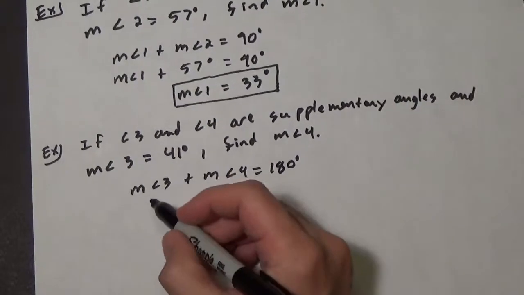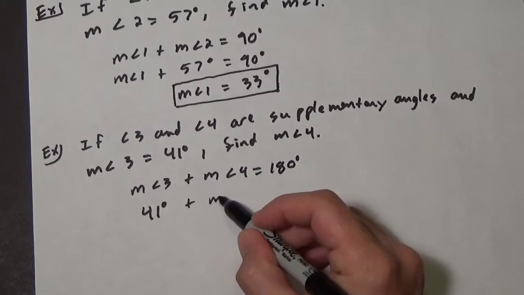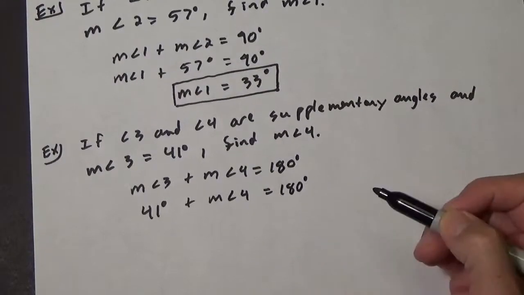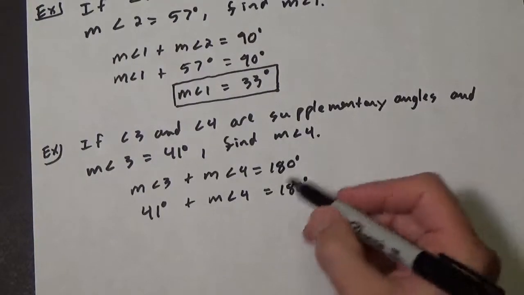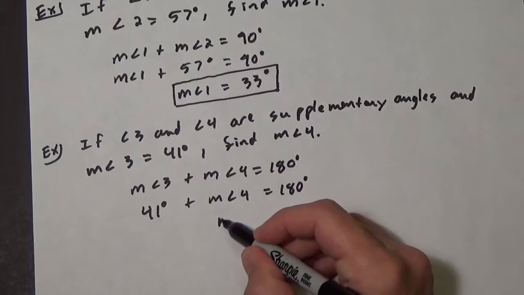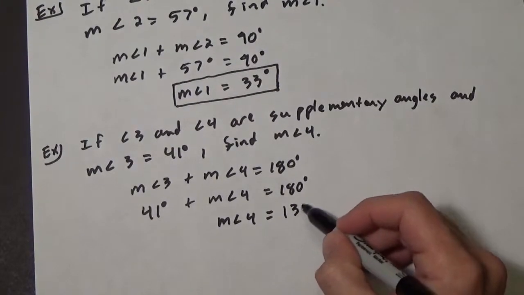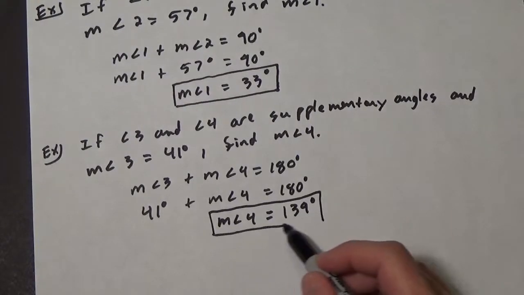Now the measure of angle 3 is 41 degrees, plus the measure of angle 4 equals 180 degrees. We then subtract 41 degrees from both sides, and the measure of angle 4 equals 139 degrees. And there's our answer.